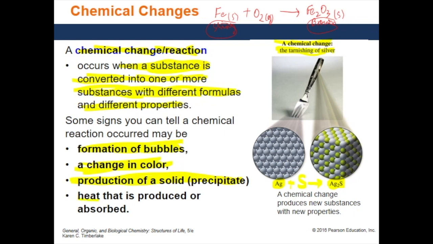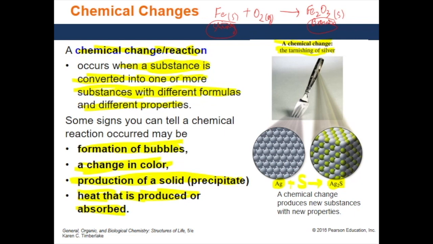The next is the production or absorption of heat. For instance, when we burn gas during barbecues or on our gas stove, the normal gas that is provided to us is methane.